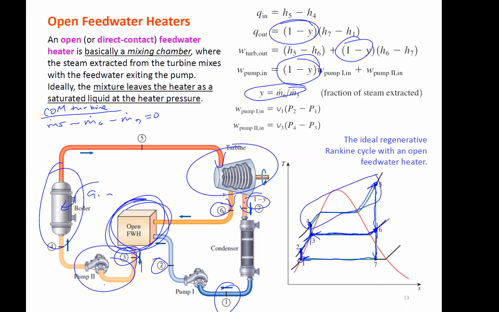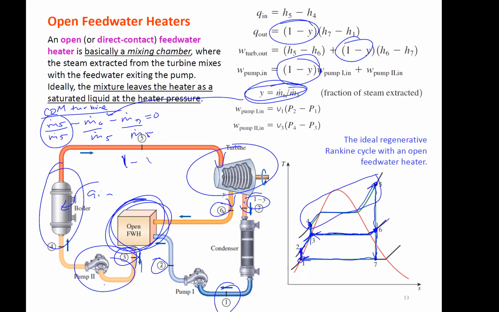If we divide each term by mass flow rate 5, which is the maximum mass flow rate through the boiler, mass flow rate 5 divided by 5 is 1. 6 divided by 5 is what we defined right here, so that's y.